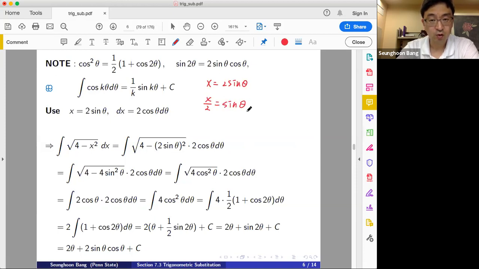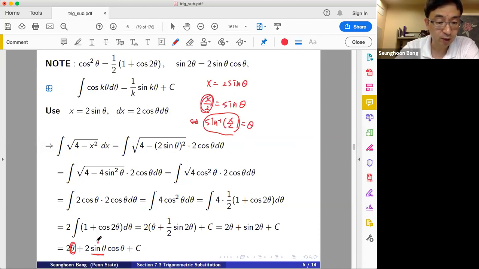Using the inverse function, theta is exactly the inverse sine of x over 2. You plug x over 2 here.